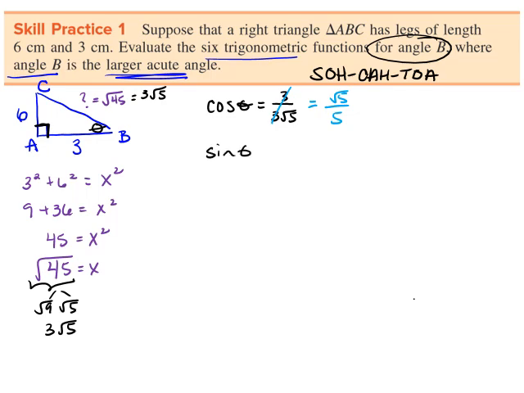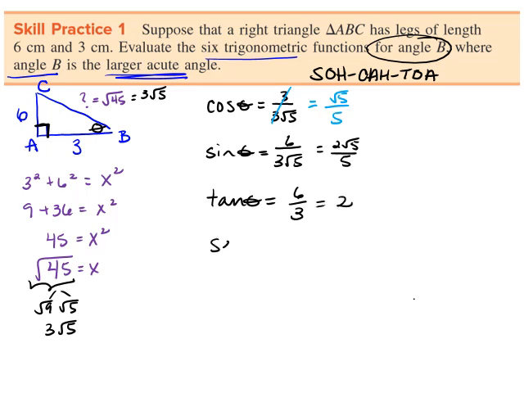Sine of theta is the opposite over the hypotenuse. When you rationalize this, you end up with 2 root 5 over 5. Tangent of theta is opposite over adjacent, which reduces to 2.